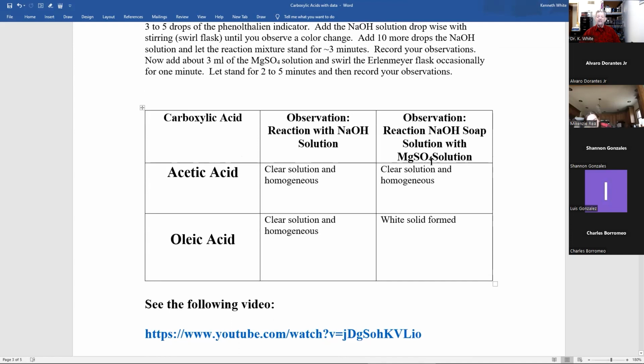You'll notice the solution you started with where you made the sodium carboxylate soap, when you react it with the acetic acid carboxylate anion, you still have a homogeneous solution. When you have oleic acid, you see this gunky, I like that for a scientific term, gunky white solid in the Erlenmeyer you're doing this in.